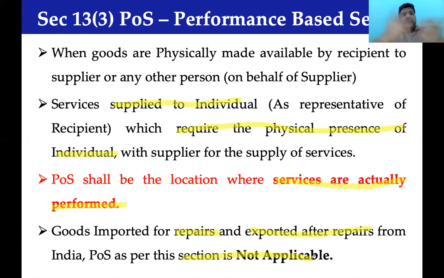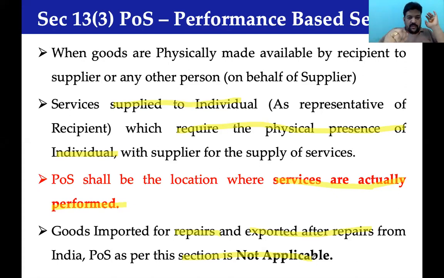On a plain reading of 13.3, the place where the services are performed will become the place of supply. Because the goods are exported back without use after repairs, this section is not applicable. This is a beautiful, beneficial section for all the job workers in India.